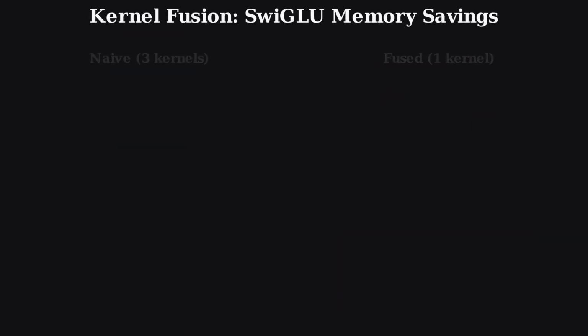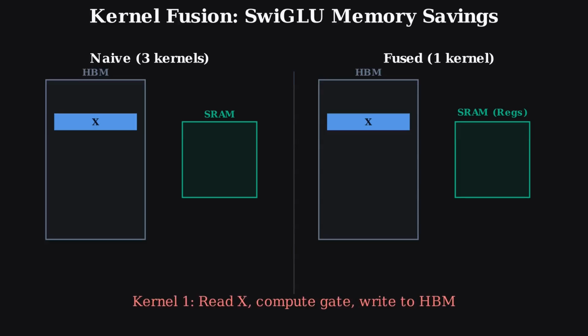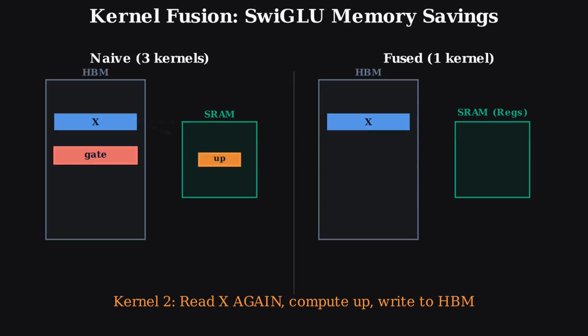Here is the naive approach. You call three separate operations. Compute the gate projection, compute the up projection, and then apply SwiGLU. Watch what happens in the hardware. The first kernel reads x from HBM, multiplies x by w gate, and writes the result back to HBM. The second kernel reads x from HBM again, same data, second trip, computes x by w up, and writes back.